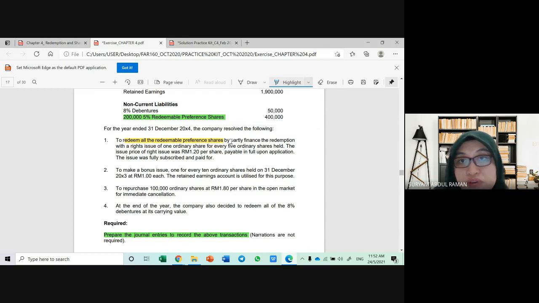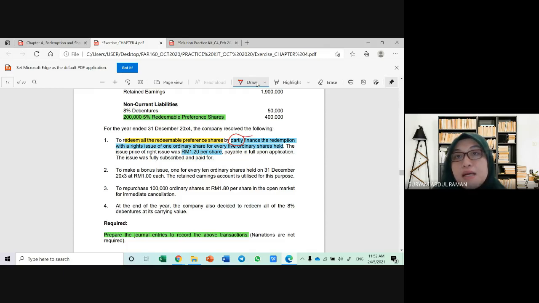You are going to finance it by issuing a rights issue of 1 ordinary share for every ordinary share held, where the price is RM1.20, payable in full, and it is fully subscribed and paid for.